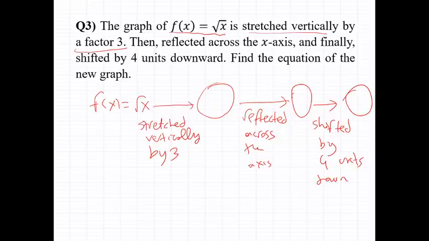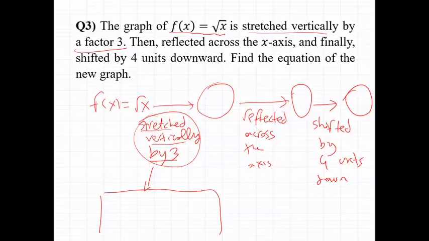Now, this one here is changing, right? How does it change? Let's remember this one here. When do we have stretching vertically? Which type of transformation gives stretching vertically by 3? If you remember, y equal to f of x is changed to y equal to 3 times f of x.